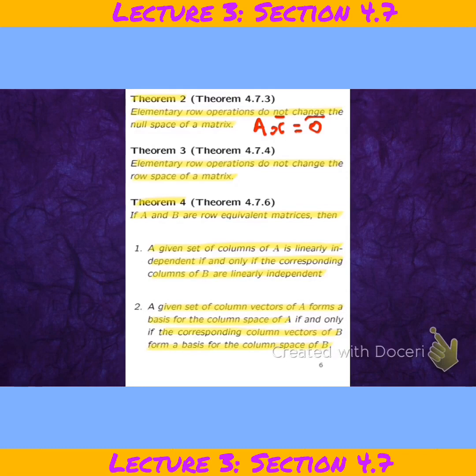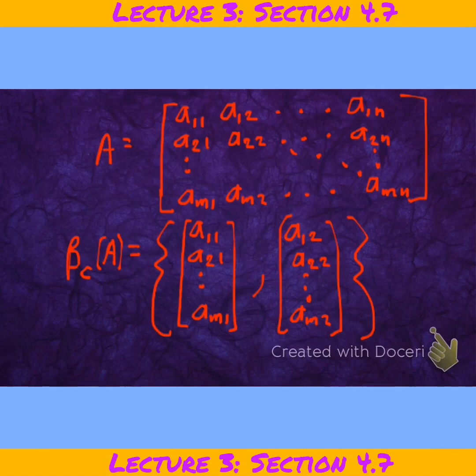We're going to use the example we used in the illustration for Theorem 4, the first part. All right, so there we've got our matrix A, and let's just assume for argument's sake that the first two columns of the matrix A form a basis for the column space of A, and we call it B subscript C. The basis for the column space of A is those two vectors.